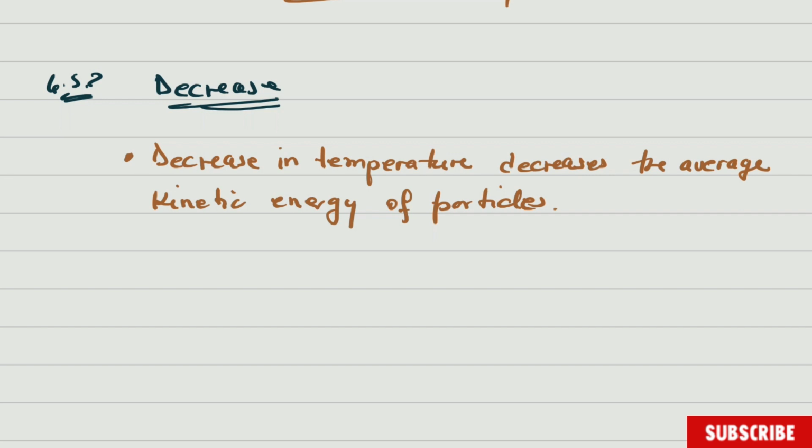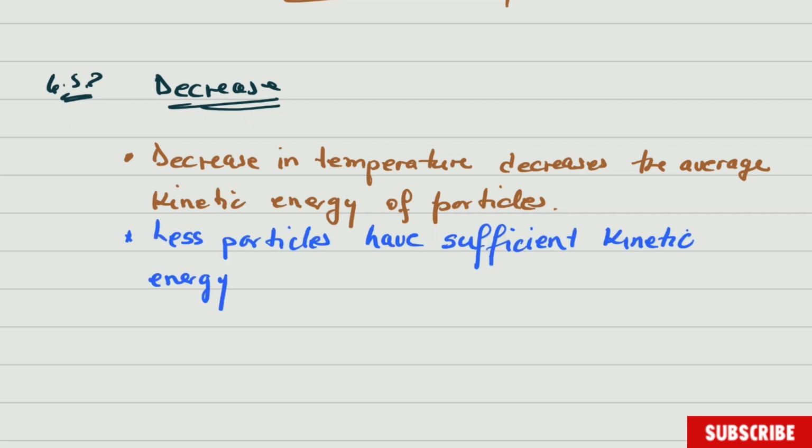The first thing you have to say is that decreasing temperature decreases the average kinetic energy of the particles. You should know that, we did work a lot on rate of reaction. Then less particles will have sufficient kinetic energy, and therefore less effective collisions per unit time.